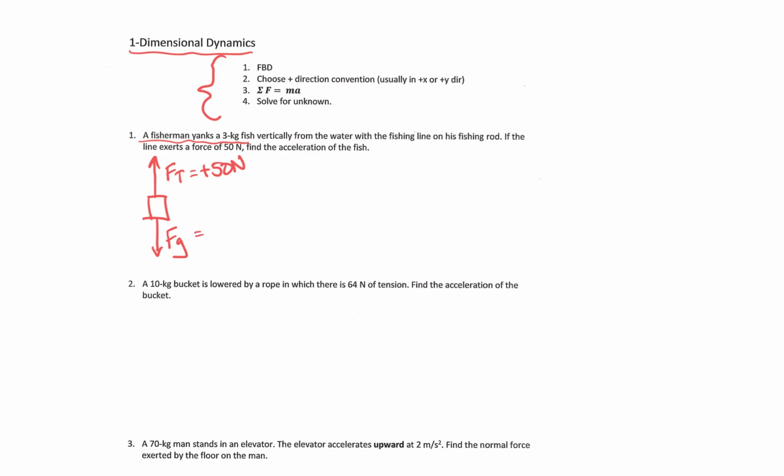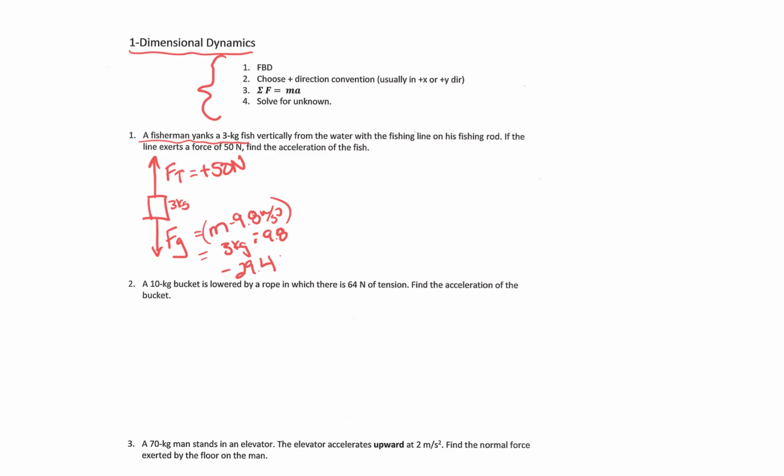And the force of gravity is easily found. This is a 3 kilogram fish, and the formula for the force of gravity is just m times 9.8 meters per second squared. That's negative. So when we multiply 3 kilograms by 9.8, negative, we get 3 times 8 is 24, carrying a 2, 27, 28, 29.